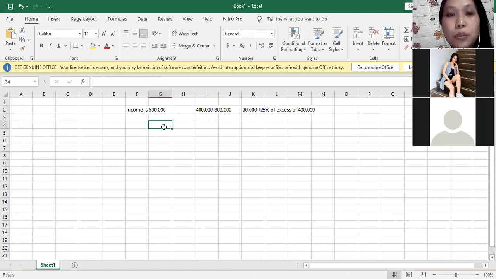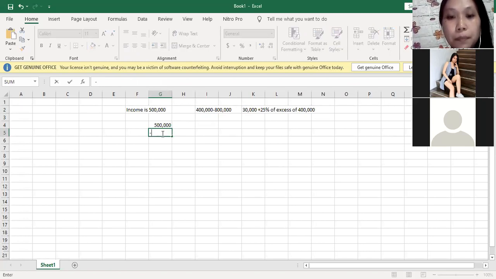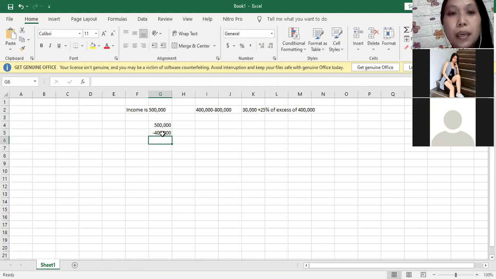From the 500,000 income, you will deduct the 400,000. So you deduct it with 400,000.